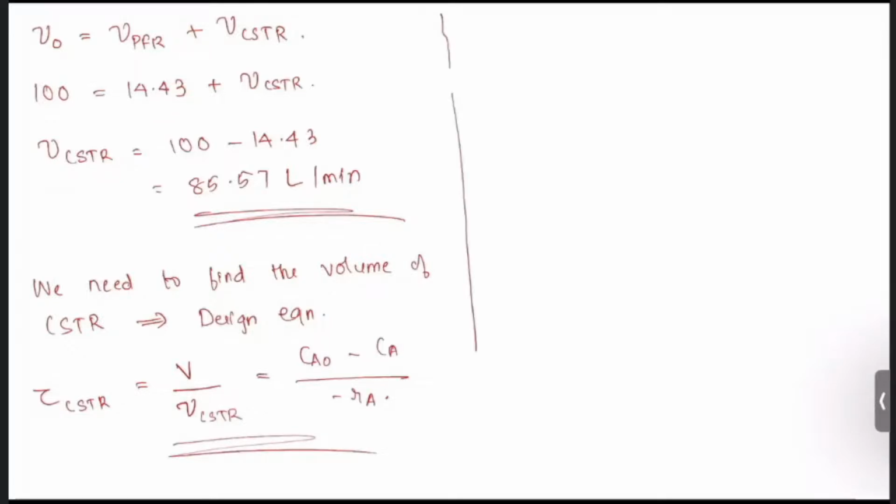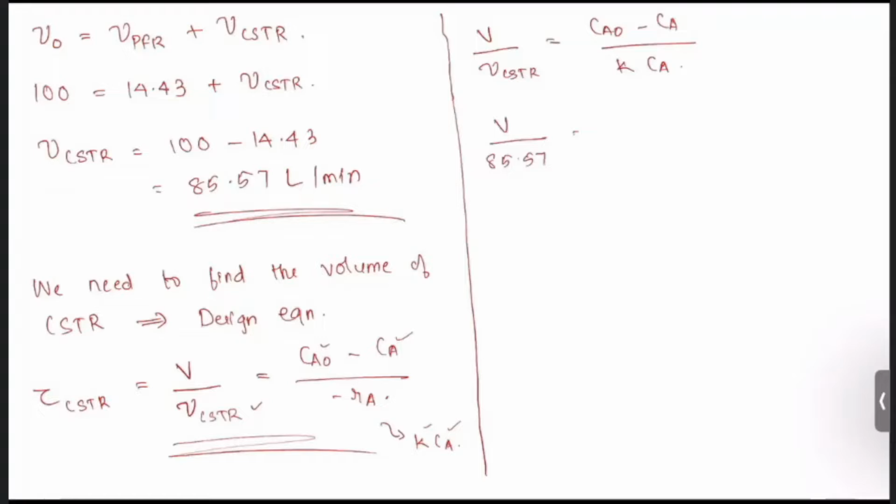Now we substitute all the values that we have. We have the value for nu CSTR, for CA0, for CA, and minus RA is basically k CA, and we have the values for k as well as CA. So V by nu CSTR, that is 85.57, is equal to CA0, that is 1, minus CA, that is 0.5, by 0.1 into 0.5.